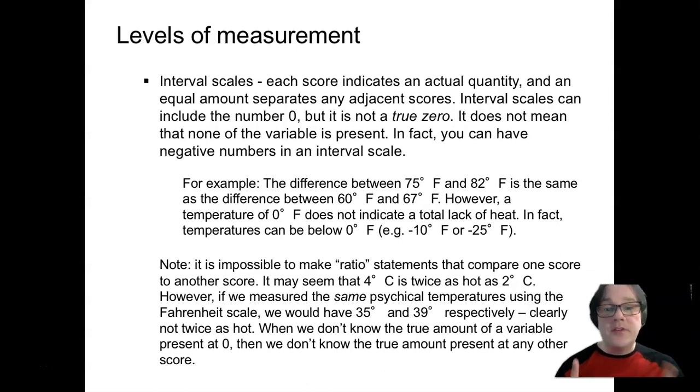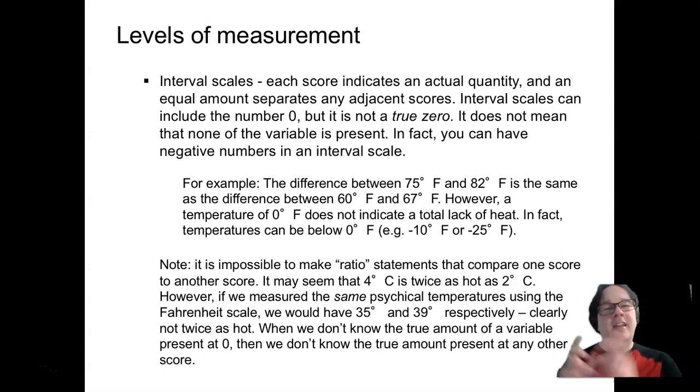However, if we measured the same physical temperatures using the Fahrenheit scale, we would have 35 degrees and 39 degrees, right? So in Celsius temperature, 4 degrees is twice as much as 2 degrees. But those same temperatures in Fahrenheit equate to 35 and 39, or 39 and 35. So we can't make ratio types of statements.